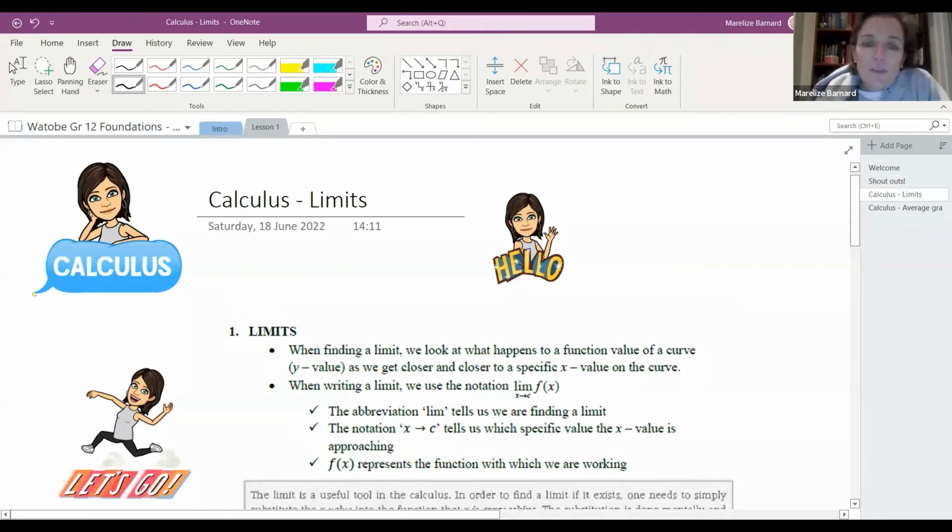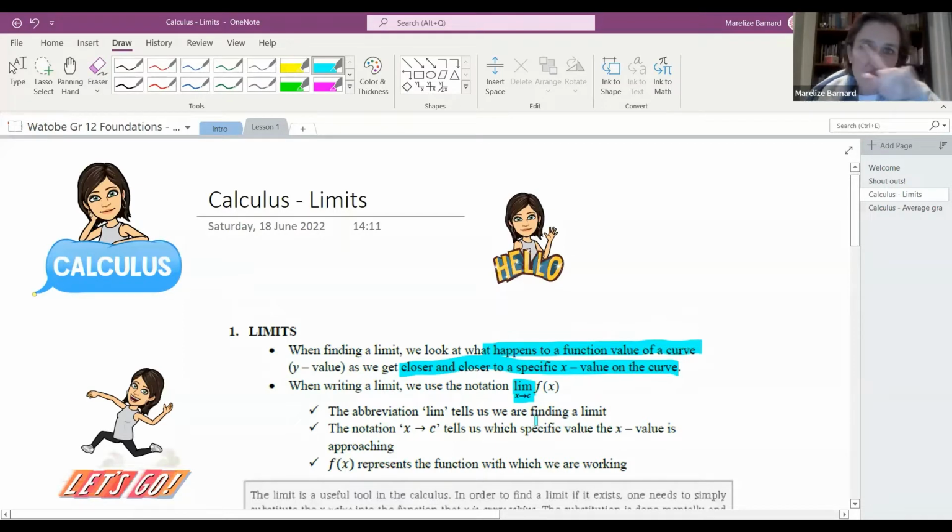So when we are talking about a limit, we look at what happens to a function value of a curve when we get closer and closer to a specific x value. So what happens to a function value when we get closer and closer to a specific x value on the curve? And just like most things in maths, we have a specific way of writing that in symbols, and that is just saying the limit, and then there's an x with a little arrow pointing towards that x value that you are investigating.